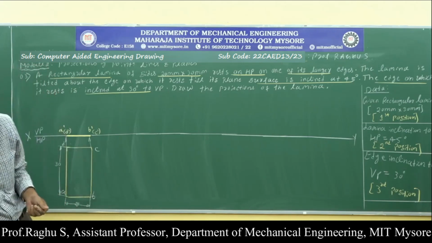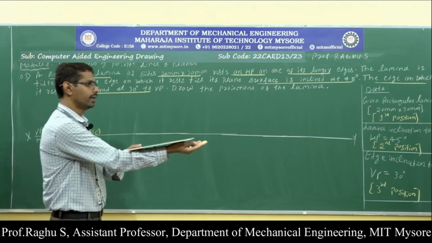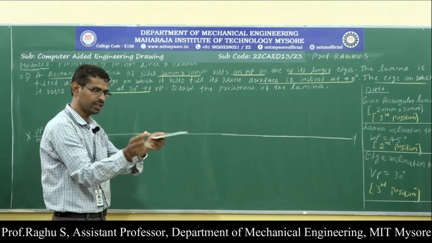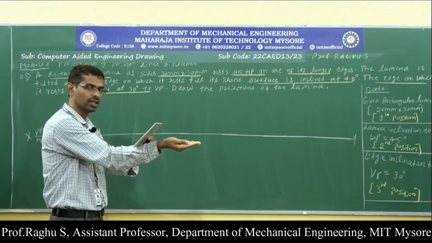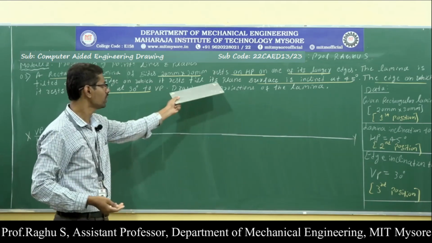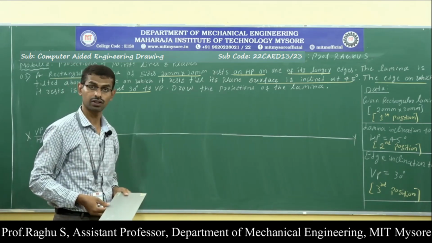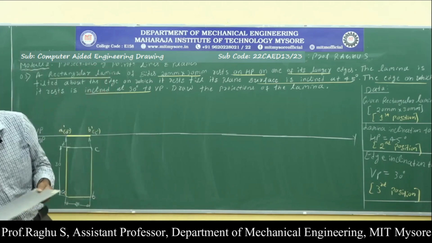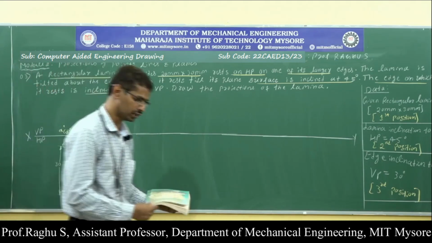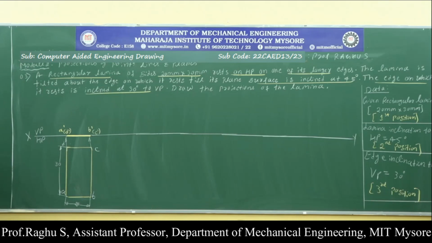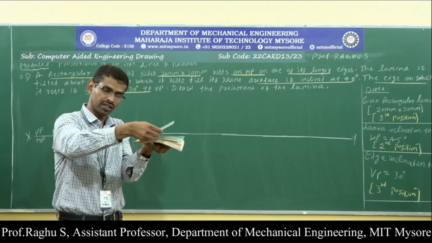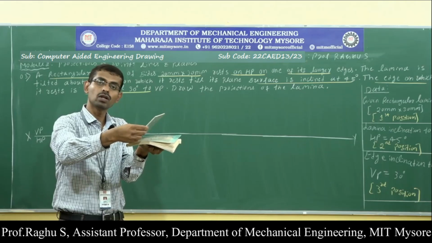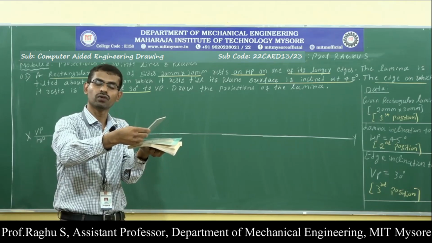Next, the lamina is tilted about the resting edge. This is the resting side. Now I am going to tilt the lamina about the resting side such that the plane surface makes an angle 45 degree with respect to HP. When you tilt the lamina about the resting edge, in the front view I am going to see the inclination 45 degree.